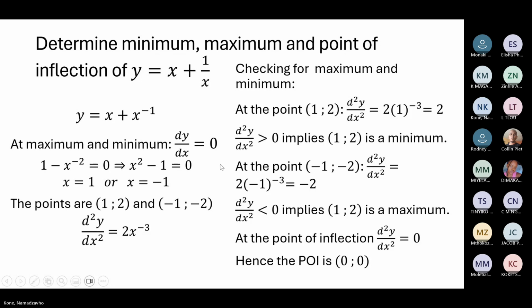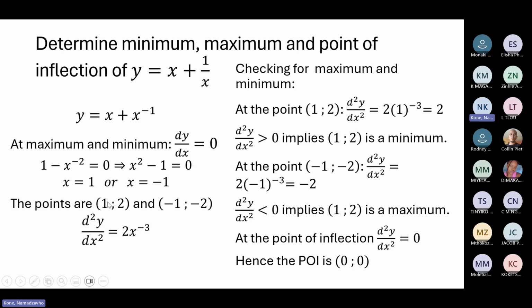And then that second derivative, what is it for? So the second order derivative, we find it to find the point of inflection and to use it to check whether the points that we found, which is this one and that one, are a maximum or a minimum.